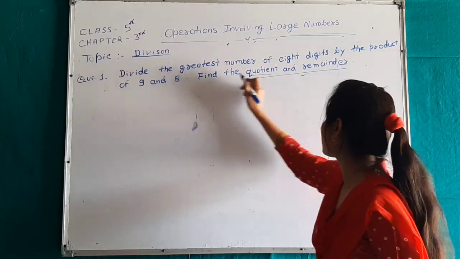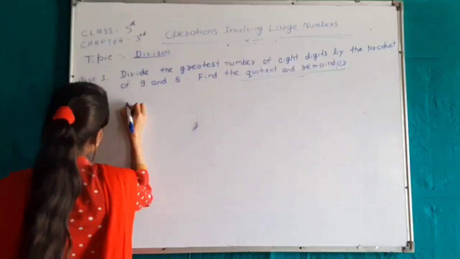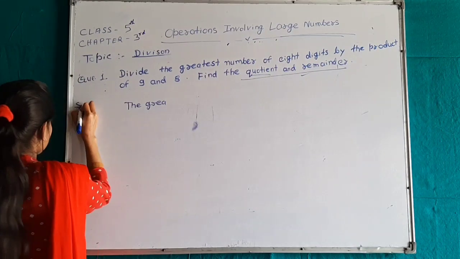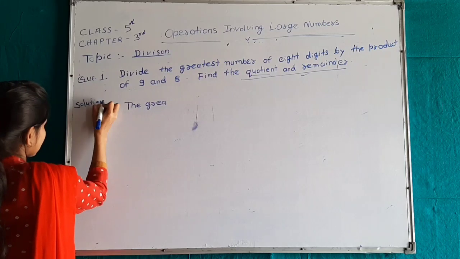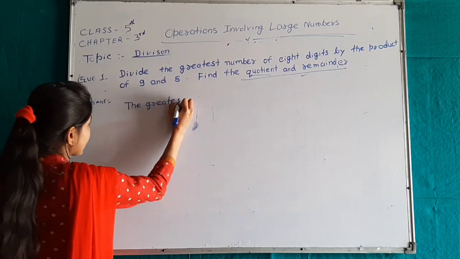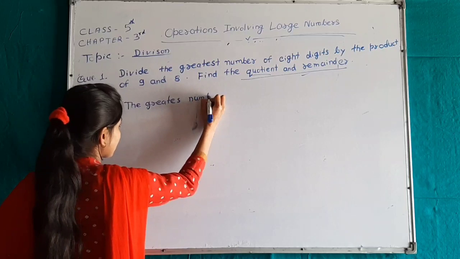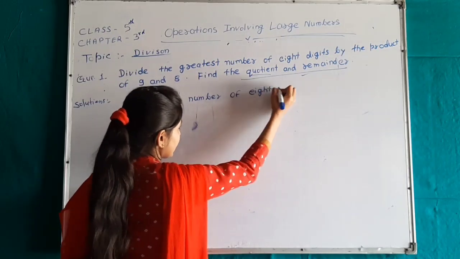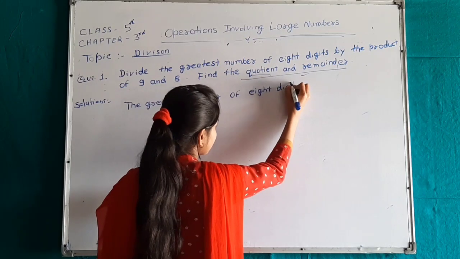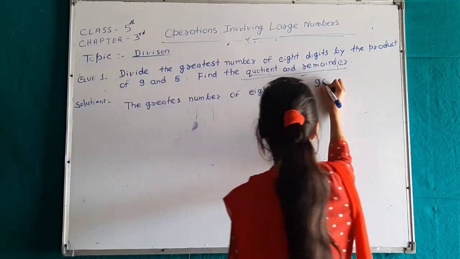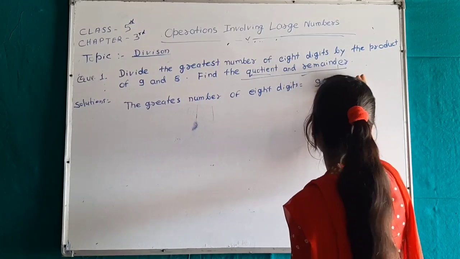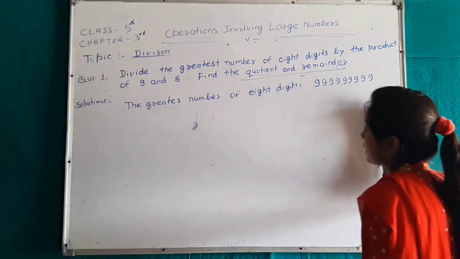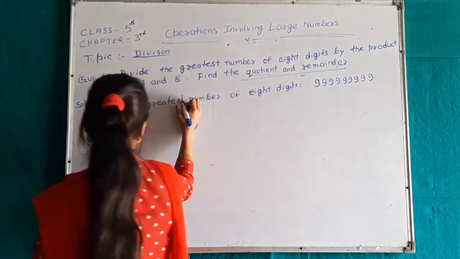We all know the greatest number of 8 digits is 99999999.